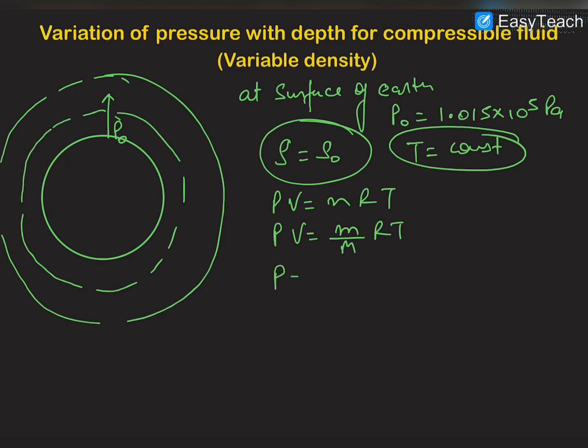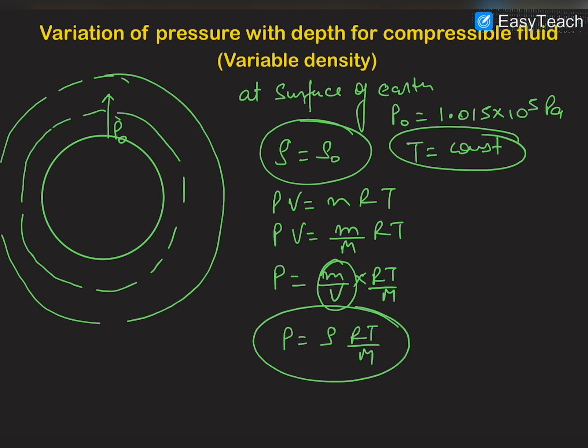So P is equal to m by V into RT by M. Now m by V is density, so P is equal to rho RT by M. This is the relation of pressure and density.